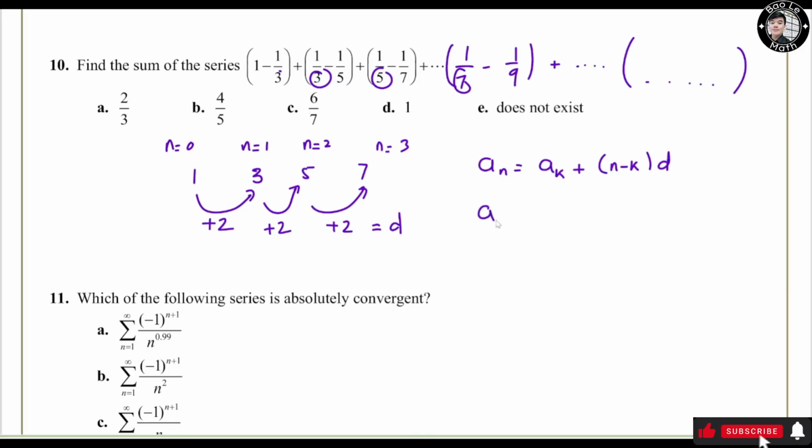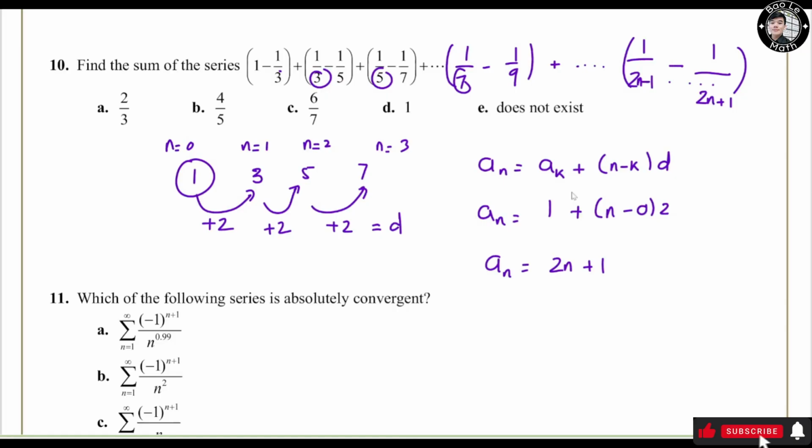This is the formula to find the general term. So we have a sub n equals a sub k. For example, I'm going to pick this one: 1 plus n minus 0 times 2. Simplifying, a sub n equals 2n plus 1. So I have 1 over 2n plus 1 right here, and the term before that should be 1 over 2n minus 1. Subtract.